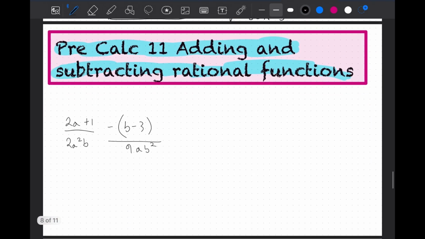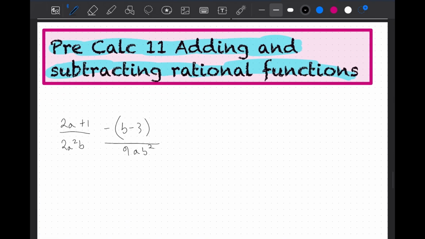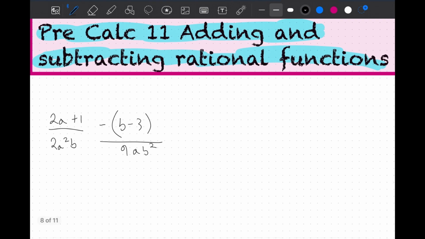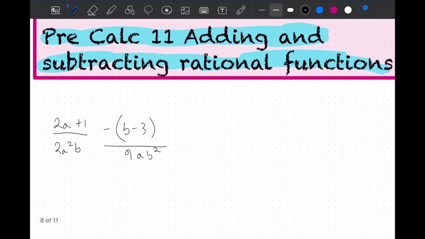Nice. Now let's try doing this one. I'll give you a second to give it a go. But same as before, the common denominator here is going to be 18a squared b squared.